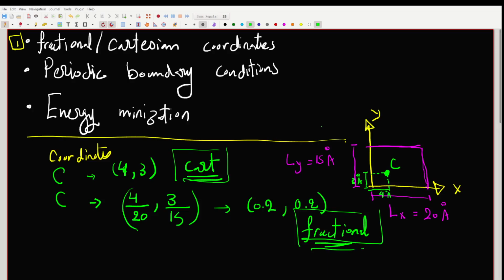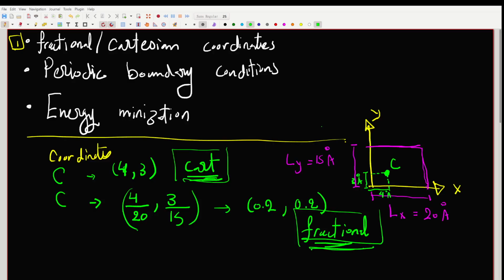That's the general thing. However, in certain cases, for example, modeling surfaces of materials, it's actually much more convenient to use the Cartesian coordinates. And during the upcoming exercises, we will discuss this point further to give you the impression why Cartesian could be useful in certain cases. However, as I said, most of the time, the default is just fractional coordinates.